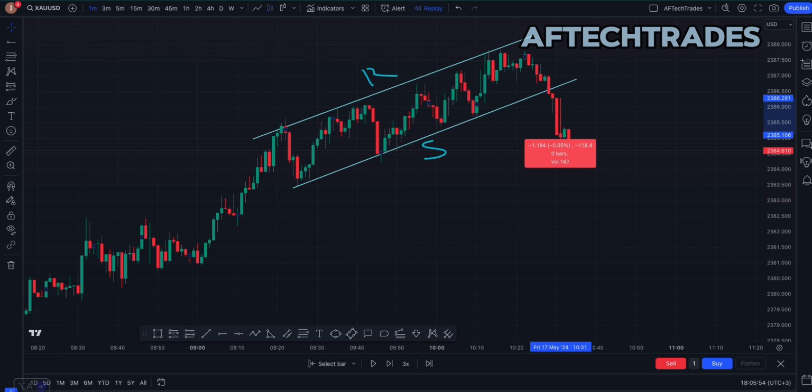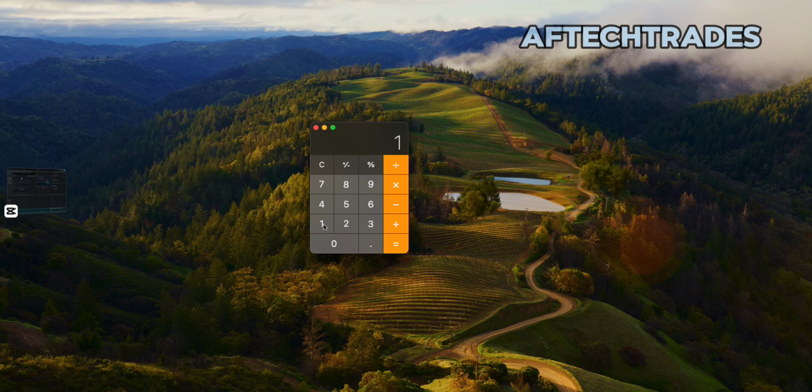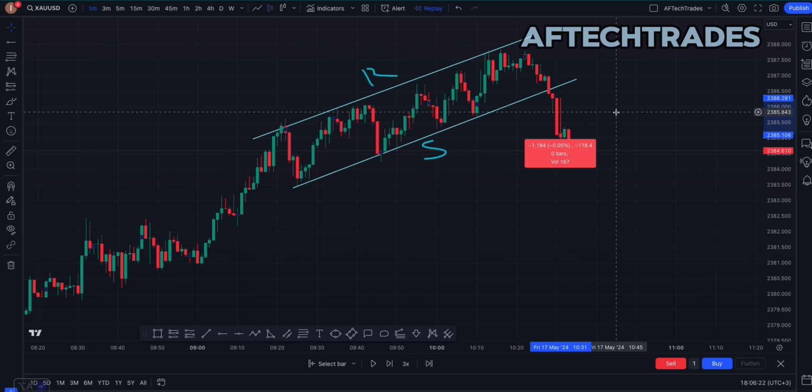So let's get our calculator. 118.4 multiplied by 2. So this would be our TP. Sorry, let's go to our chart now and measure. 236.8, right?